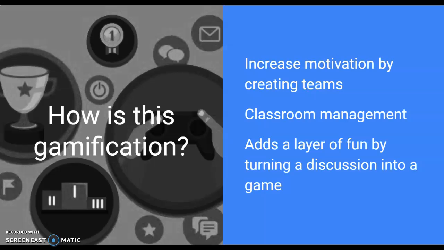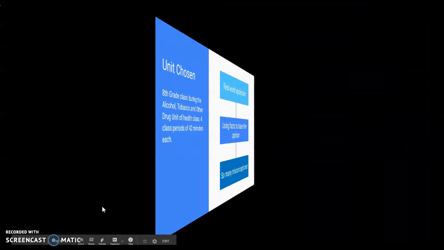Also, they will lose points if they're disruptive, if they are off task, if they jump in while somebody else is talking and that sort of thing. And then it also adds a layer of fun by turning a discussion into a game that will earn them points, and the points can be exchanged for school money to be used in the school store. So I'll explain that in just a few minutes.